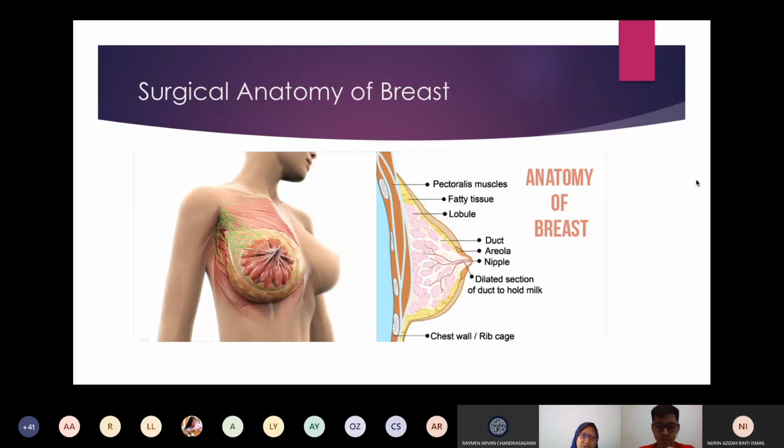When you do surgery or in a clinical setting, these are the structures that you need to see, and anatomy is very, very important. If you don't know the anatomy, you won't be able to cut. You have to know the plane, where to cut, the plane between muscle and skin, muscle and breast tissue, and the breast tissue and the skin.